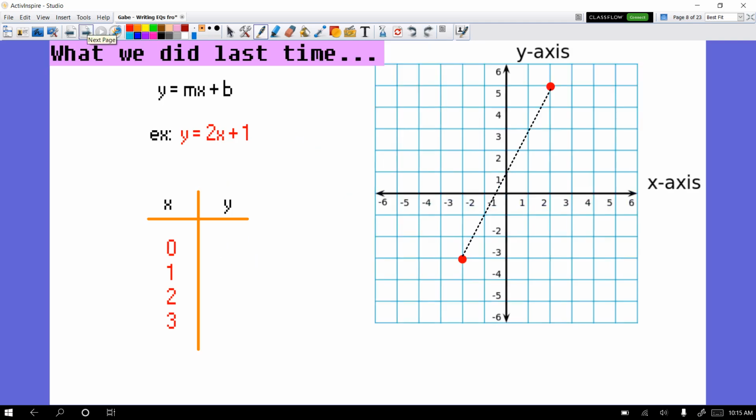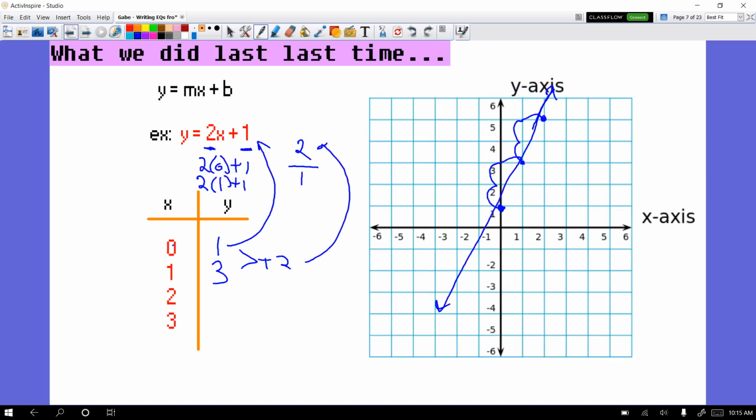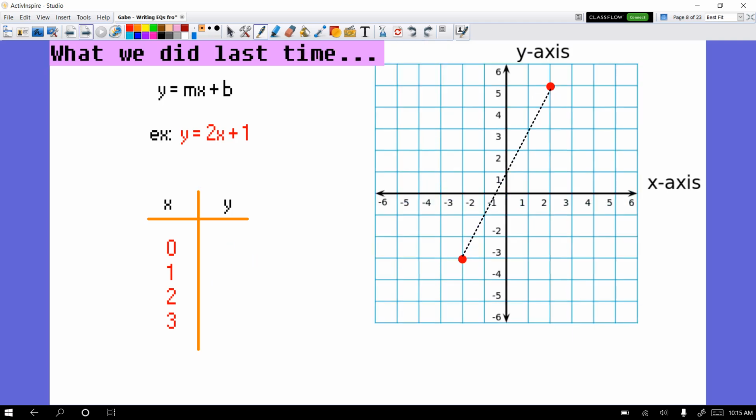What we did last time is, so you can see here, we made the line last time. Then last time, we were given the line, and we were supposed to find the slope and y-intercept. So this was not given, and we had to do what we just went over, like 4 or 5 problems.